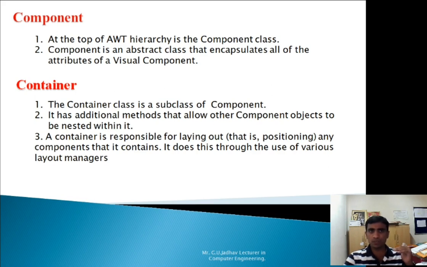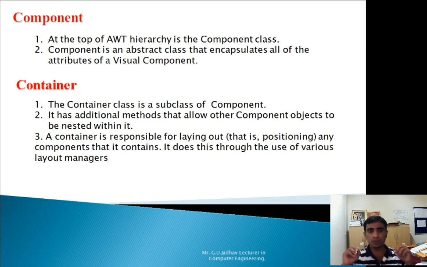Now from the Component class we have derived the Container class. Means what? The Container class is a subclass of Component. Now the Container class has additional methods that allow other component objects to be nested within it.